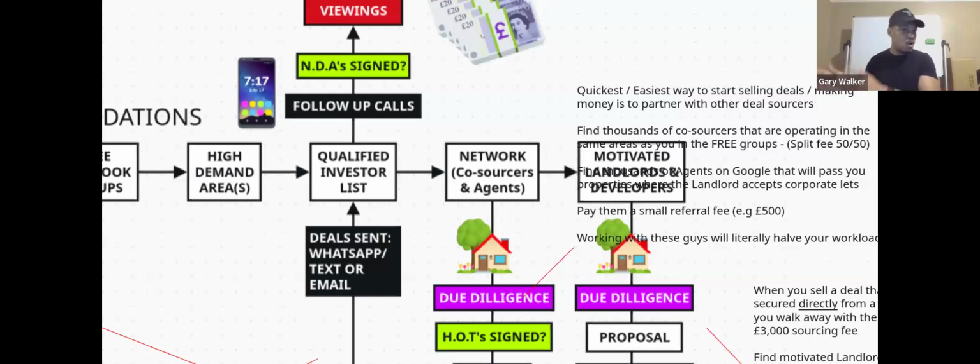Hopefully, you maybe have some conversations on WhatsApp or text or something. But forget the investor side for a second. You can say, well, look, you can see clear as day, I found and negotiated and agreed this deal with the landlord. I have the heads of terms. The landlord can confirm it, right? And there's a clear timeline that I secured it first.